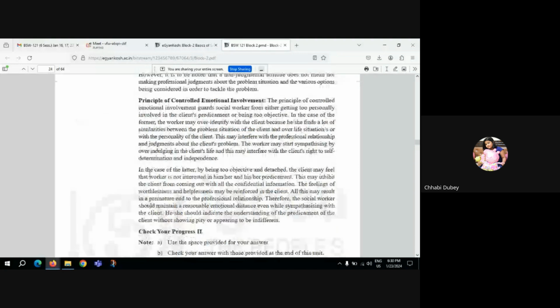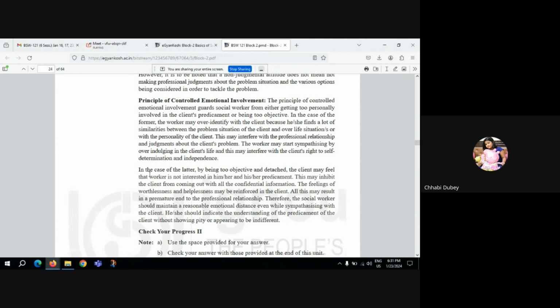And finally it is the principle of controlled emotional involvement, which means that we have to avoid getting too personally involved with the client's predicament. We have to build up a very professional relationship with the client and not get too emotionally involved with the client in any manner.